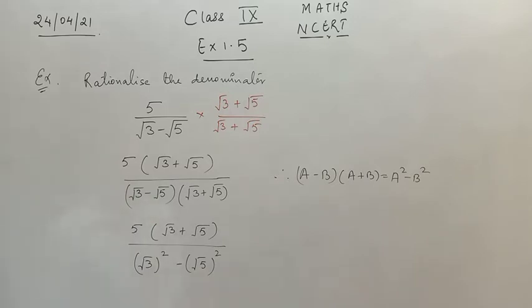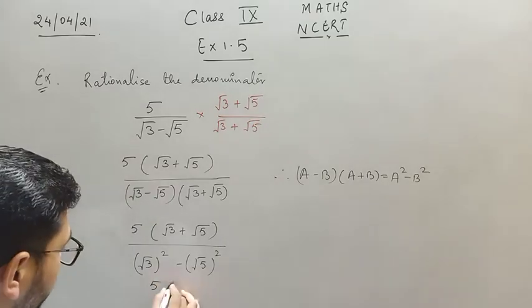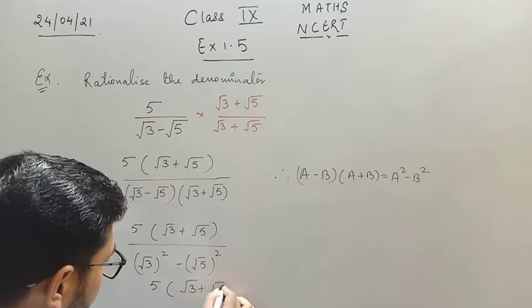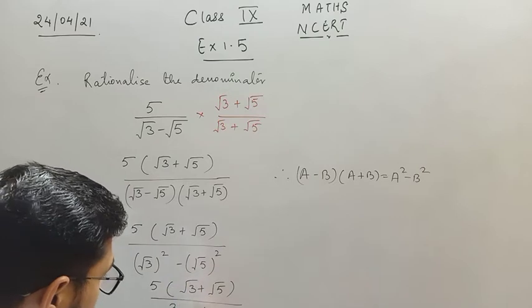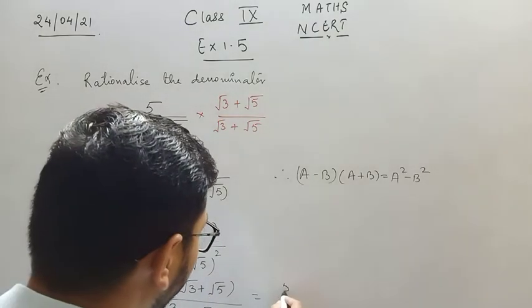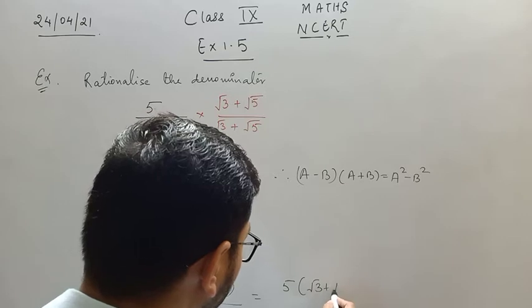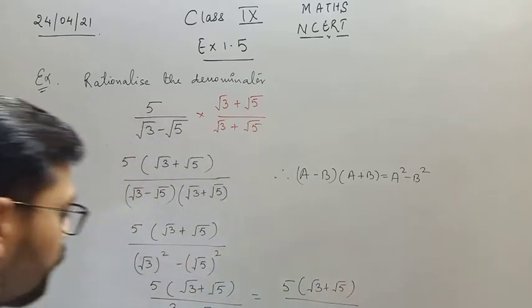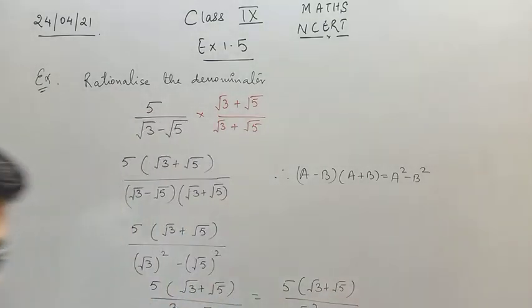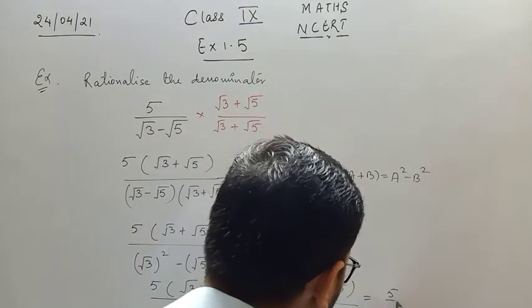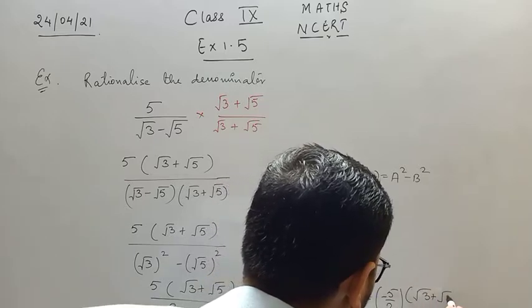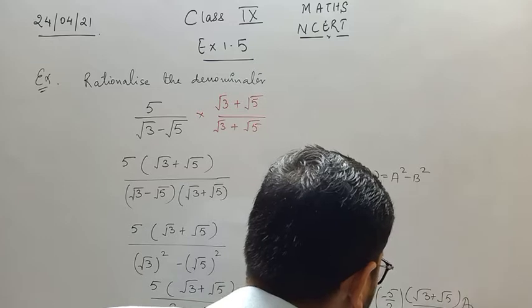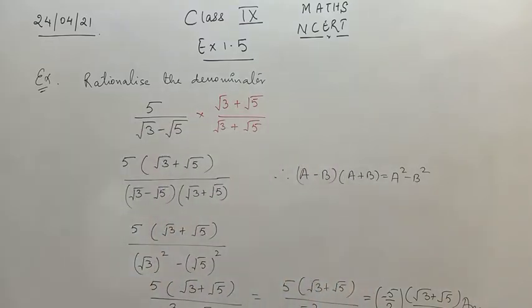Any doubt to any student? Okay. Then 5 bracket root 3 plus root 5 divided by root 3 square is 3, root 5 square is 5. So I can write 5 root 3 plus root 5. 3 minus 5 is equal to minus 2. Any doubt? Or you can simply write 5 upon 2 minus and in bracket root 3 plus root 5. This is your answer.